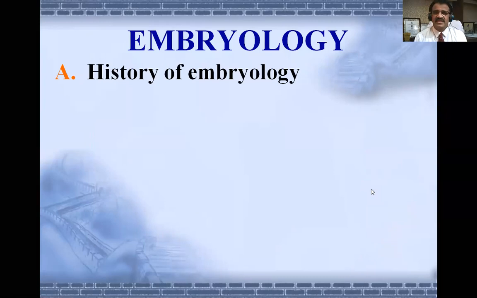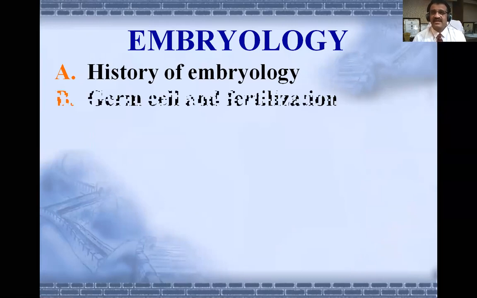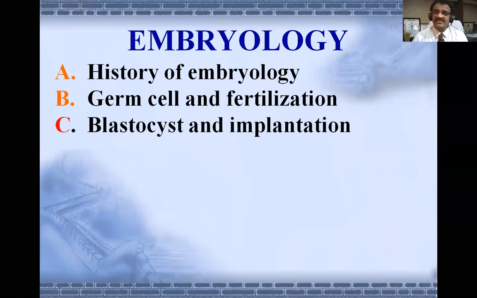The first day we discussed the history of embryology and germ cells, that is gametes and fertilization. Then yesterday we studied blastocyst, what we call after fertilization, formation of zygote and morula and blastula. Morula is derived from the word morus.